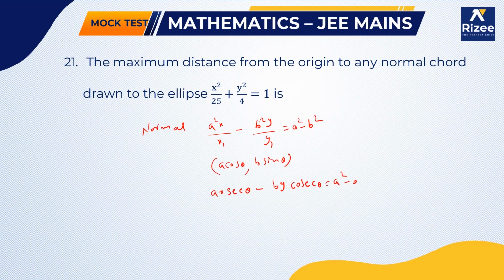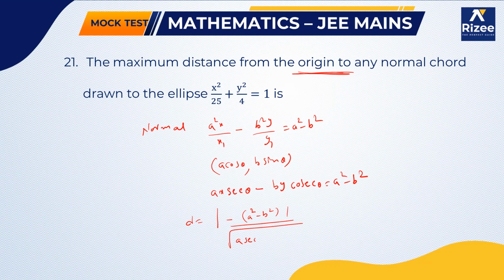The distance formula is d is equal to ax1 plus by1 plus c by under root of a square plus b square. The center is the origin, so simply we can write minus of a square minus b square by root over a square secant square theta plus b square cosecant square theta.